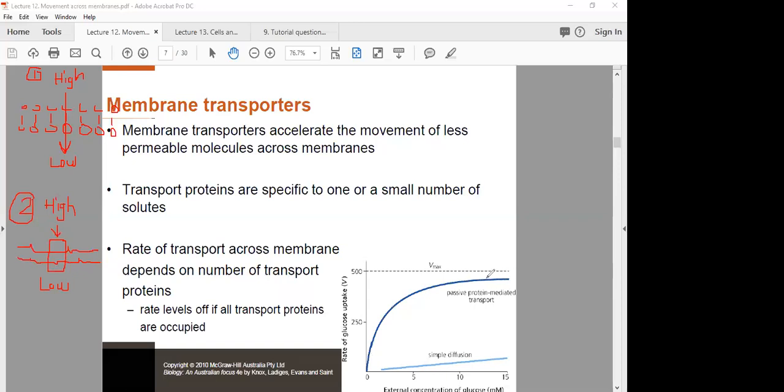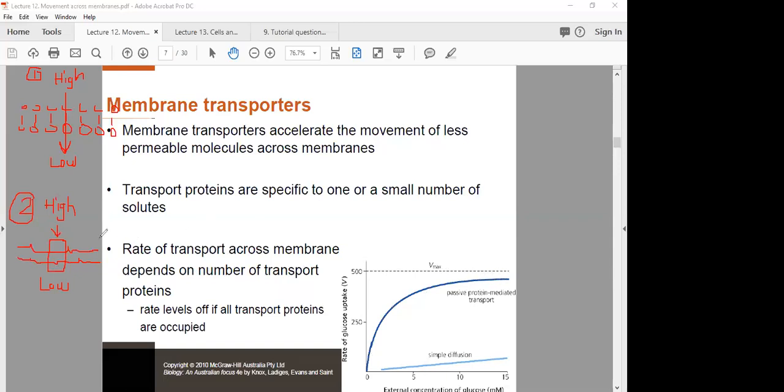The reason it levels off is because the rate of transport across the membrane depends on the number of transport proteins for that particular molecule in the plasma membrane itself. So imagine if all the transport proteins specific to glucose are all occupied, transporting glucose as fast as they can go, then we'll reach that saturation point and the rate levels off, as you can see here.